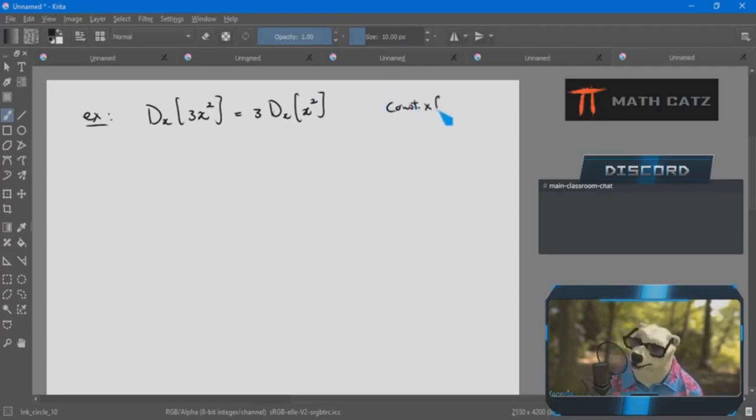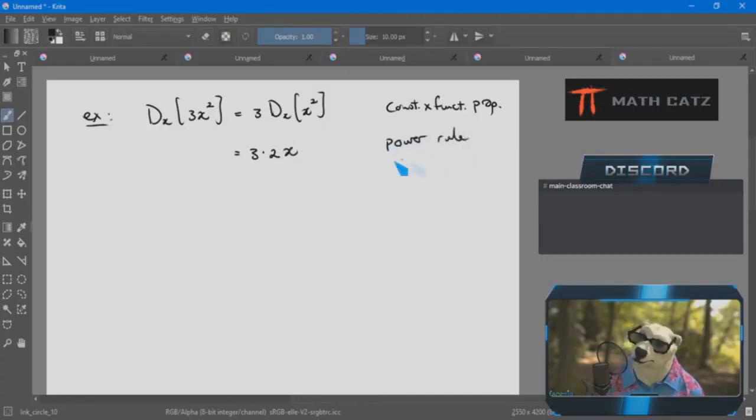Constant times a function property. Then that property allowed me to isolate the power of x. And for that derivative, I can use the power rule.